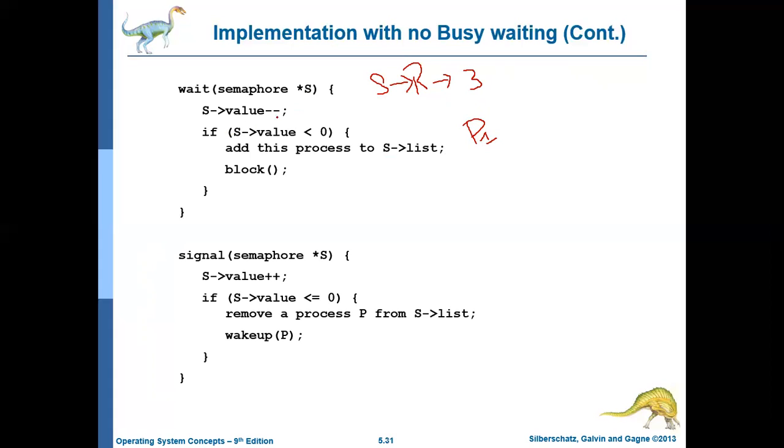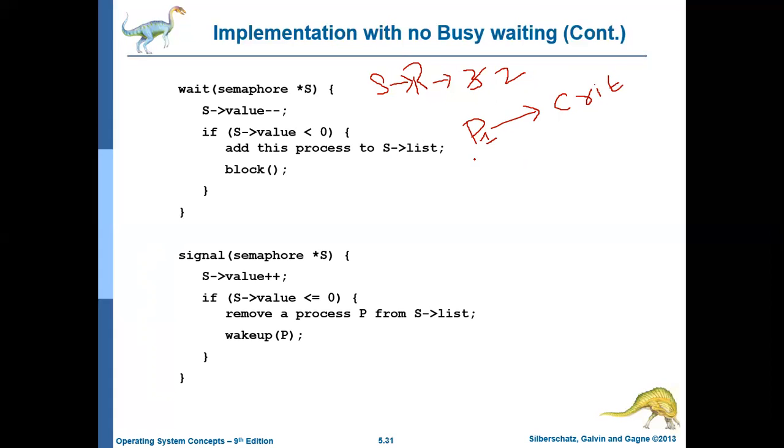It doesn't check anything first; the value is 3, so it just decrements, and it becomes 2. After decrementing, it checks whether it is less than 0. No, it's not, so it will enter the critical section, that is, it uses the resource. This may be a printer, so you have 3 copies of the printer available. The first copy of the printer is given to process P1, that is, it is using that.